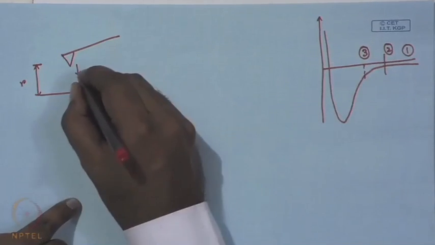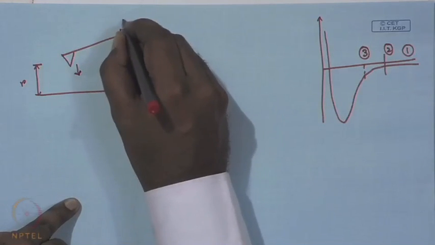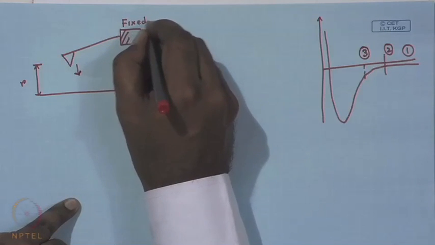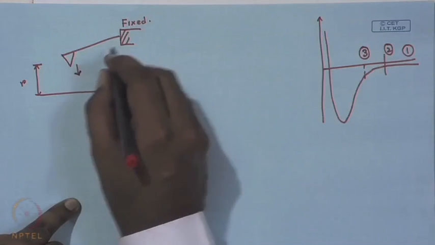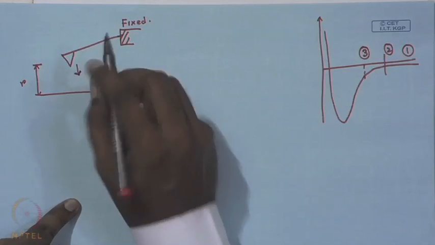So, there is an active interaction and this is fixed at this end and this feels an attraction, and additionally the cantilever is soft enough to deform to these type of forces.